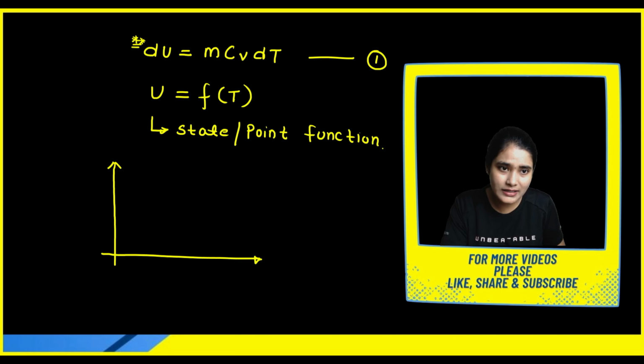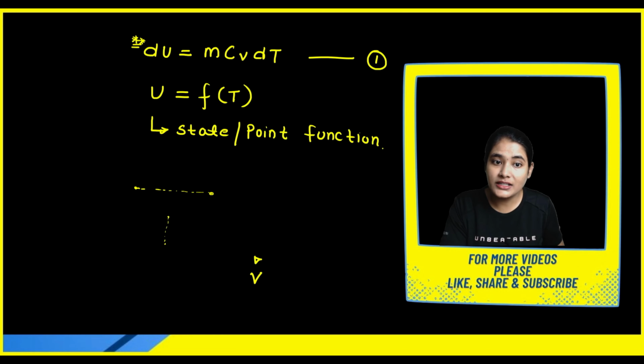What I am saying to you, try to understand. Consider this is your pressure and this is your volume. You create a constant pressure process, and you create a constant volume process like this. The processes are different, no doubt, but the change in temperature we are considering is the same.